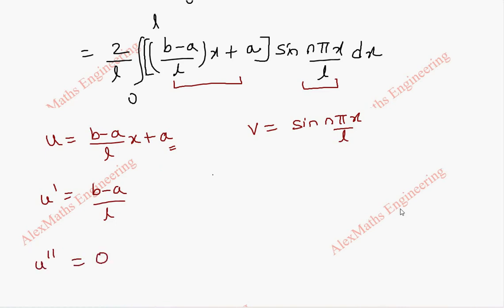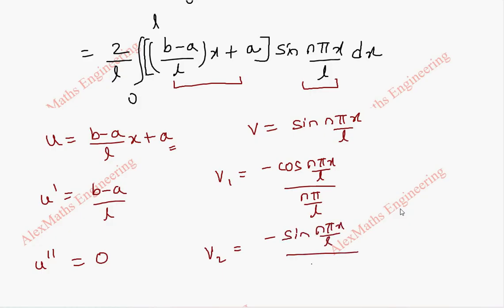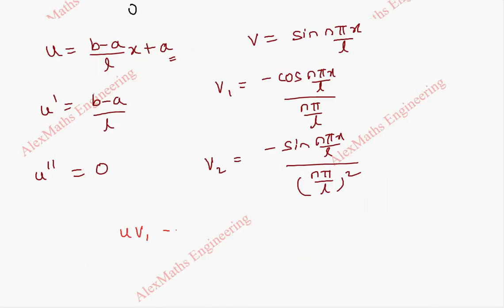From v we integrate to get v1, which is minus cos(n pi x by L) by n pi by L, and v2 is minus sin(n pi x by L) by n pi by L whole square. Now Bernoulli's formula is u v1 minus u dash v2 plus u double dash v3, and so on.